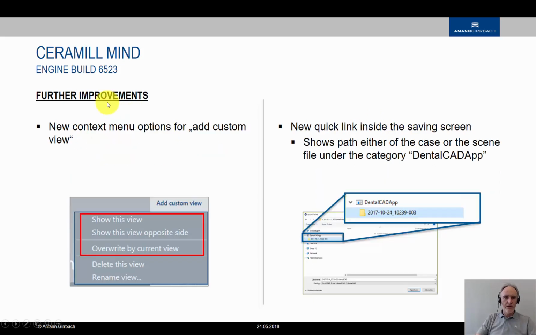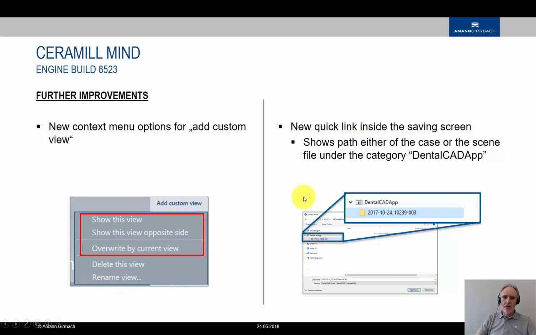Now some small further improvements. We have the context menu here. If you click on add custom view and you have made a new custom view on the model, then with the right mouse click you have the option to show that view or to view from the opposite side, and you can override the current view with the new view you see on your screen.